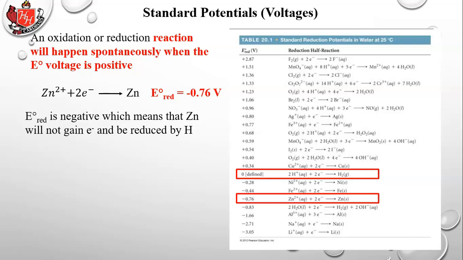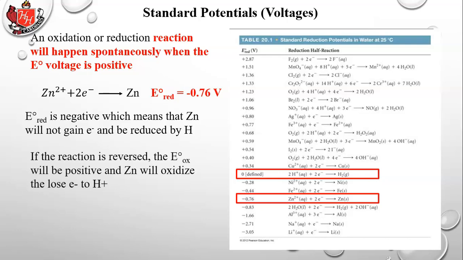So the standard potential of reduction is negative, which means that the zinc will not gain electrons when it's in a solution with hydrogen atoms. If the reaction is reversed, however, then the standard potential of oxidation, you turn that reaction around, then the reaction becomes an oxidation reaction. That is, it's giving off electrons, will be positive, and zinc will oxidize to lose 2 electrons to the hydronium.